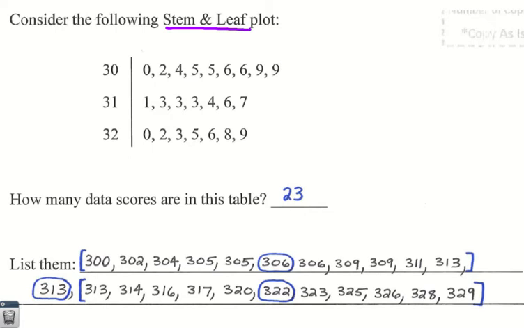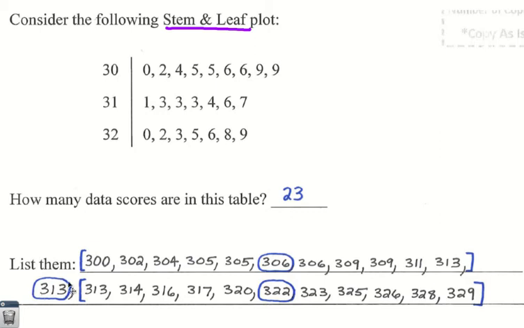Remember, the median is like the middle number. And so if there's 23 numbers, the way it would end up would be if you had like 11 numbers as your bottom half, and then 11 numbers as your top half, with an actual one of the numbers being in the middle.